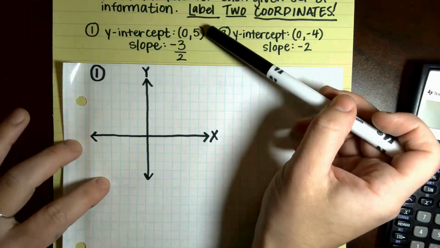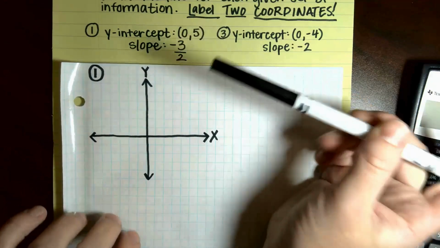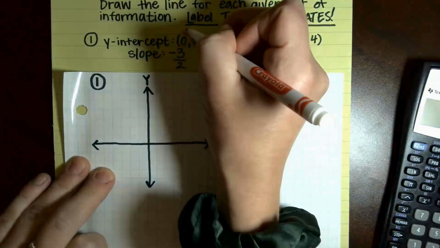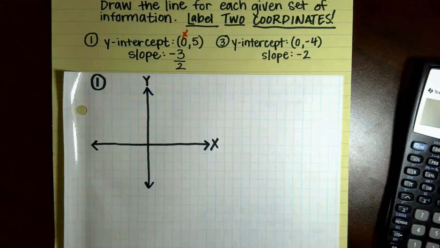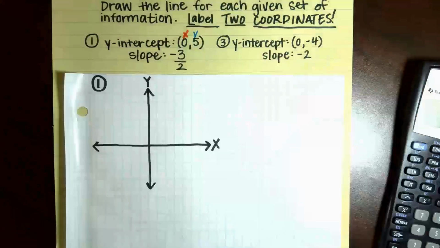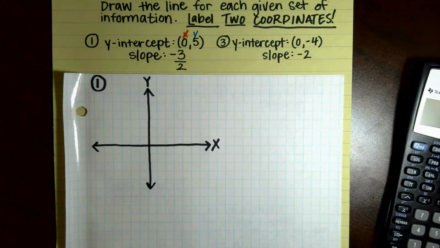So our first coordinate here is (0, 5). Now, as a reminder, a little review, the x value comes first in a coordinate, and the y value comes second in a coordinate. All that it's telling us is how far to draw that point in each direction, either the x direction or the y direction.